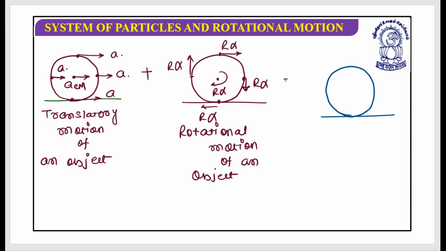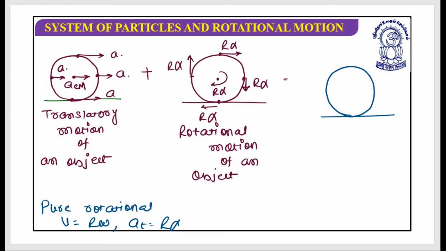This was the situation. Now we have already discussed that for pure rolling, we can always write V equals r omega and a_t equals r alpha.